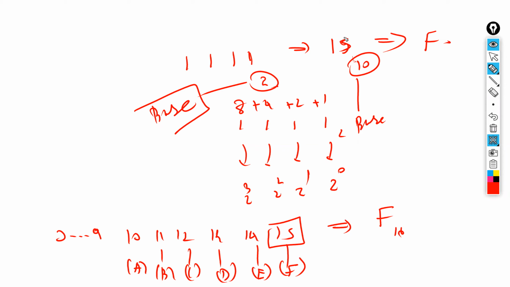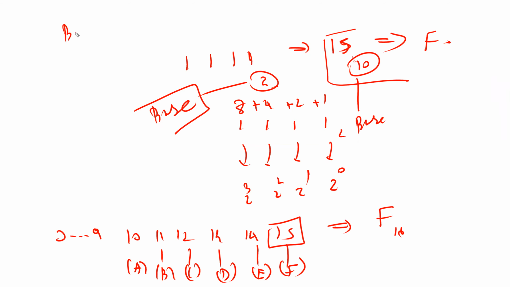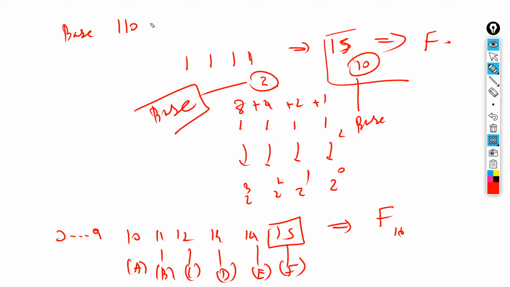Remember, except for the denary number system, everywhere you have to put the base. We have base 2. If you are representing hexadecimal, say CF, this is also a hexadecimal value. You have to put the base 16. That's the idea.